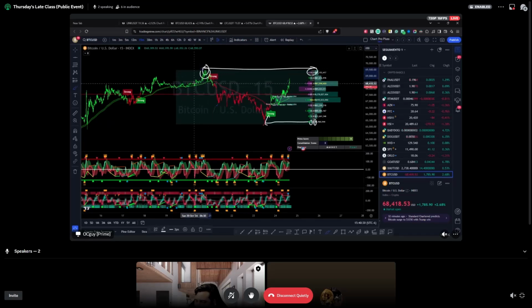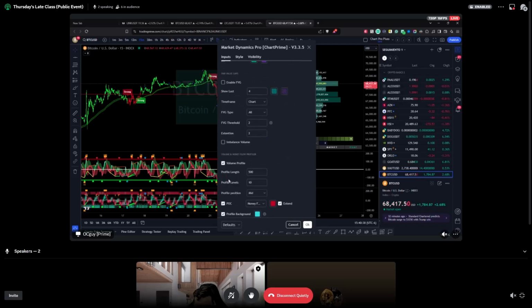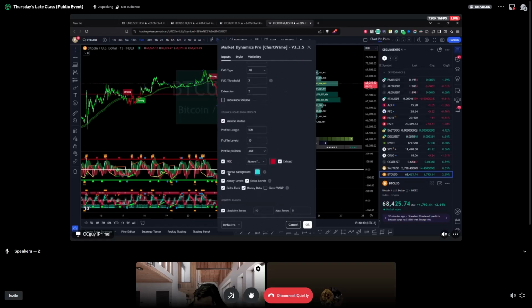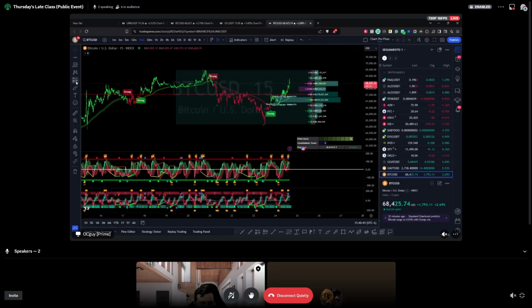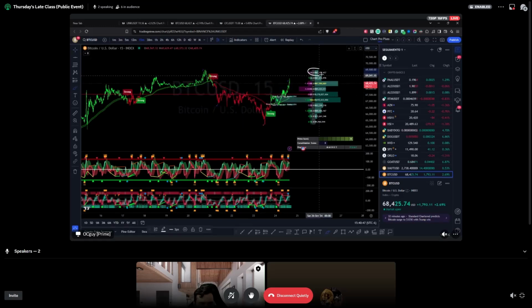All right. So once again, let me remove everything. What do we have? Let me also make it much easier. Volume profile. What is the background? There we go. What we got in here? Let's make this with the help of these trend lines.